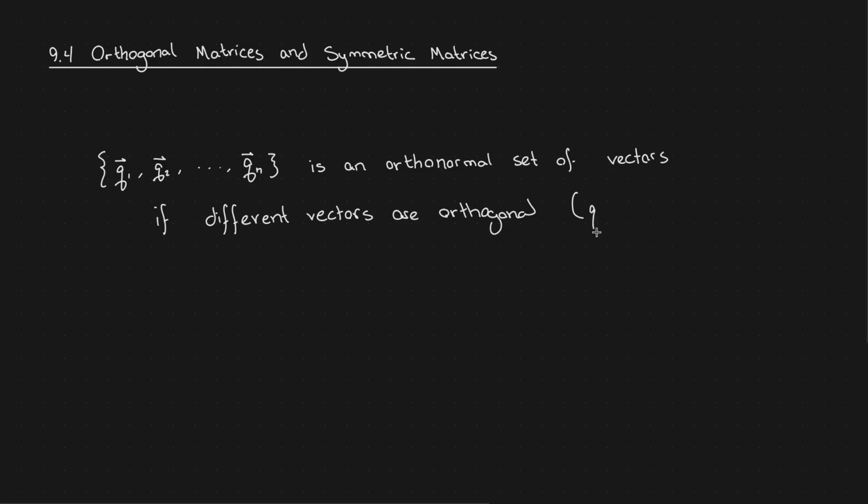That means if I take two different vectors, qi and qj, and take their dot product, I get 0, right? That's what it means to be orthogonal.